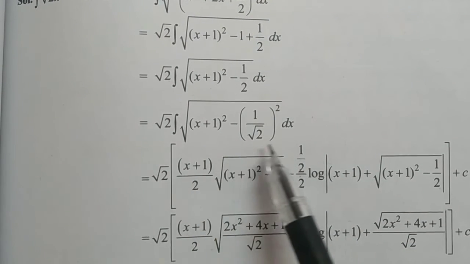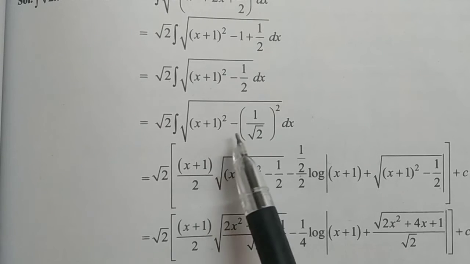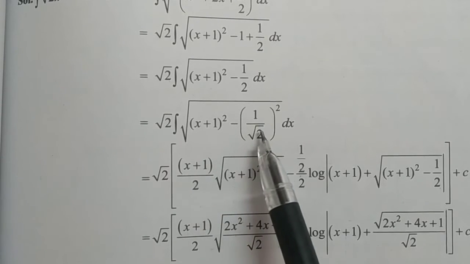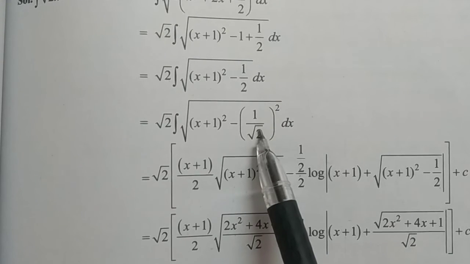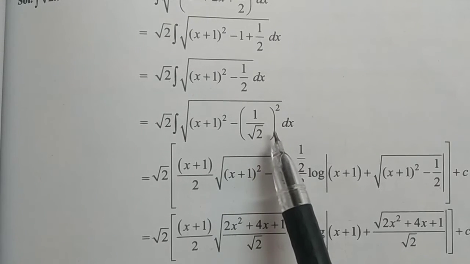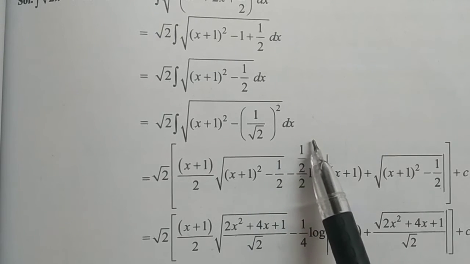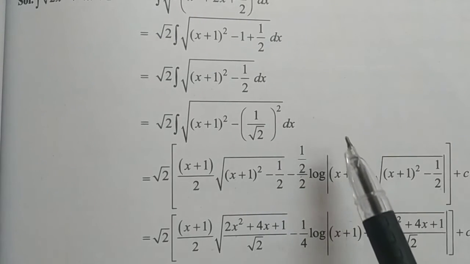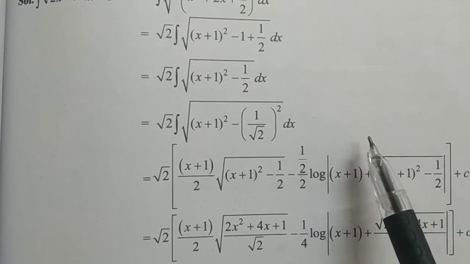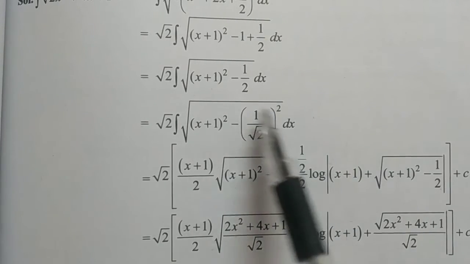So what is the formula we are applying here? Integral of square root of x square minus a square into dx is equal to x by 2 square root of x square minus a square minus a square by 2 log modulus of x plus square root of x square minus a square. Apply this result.